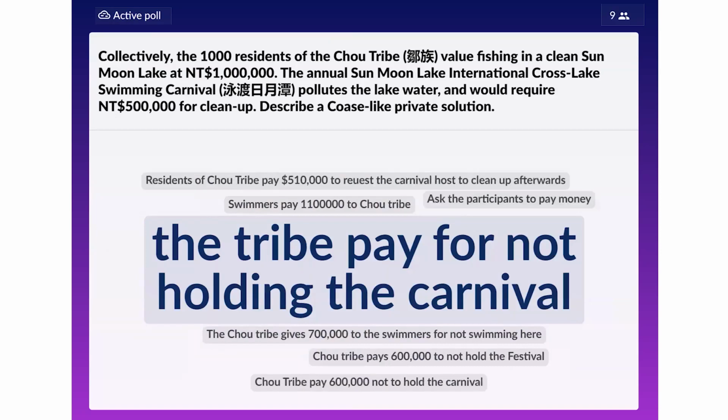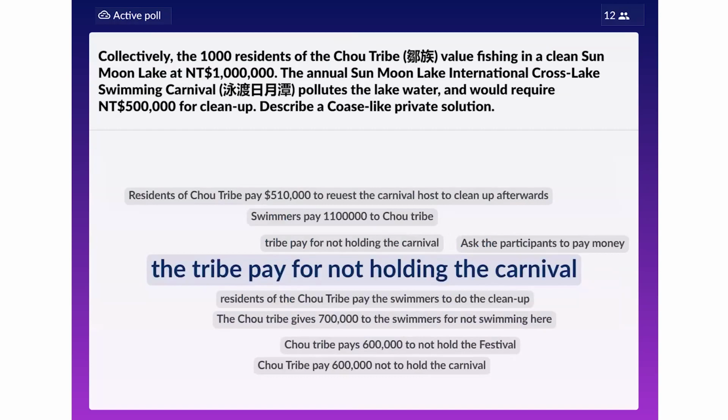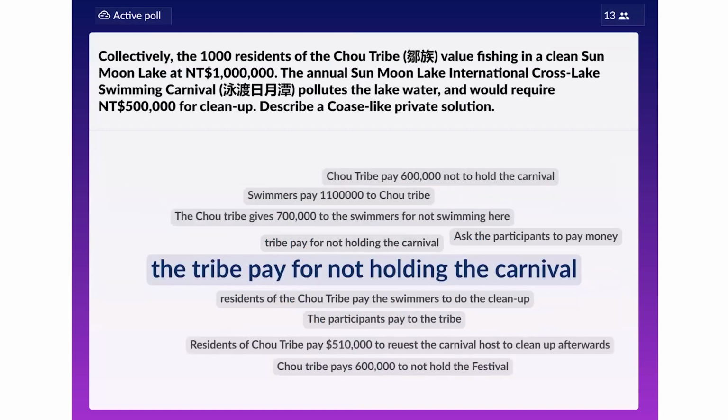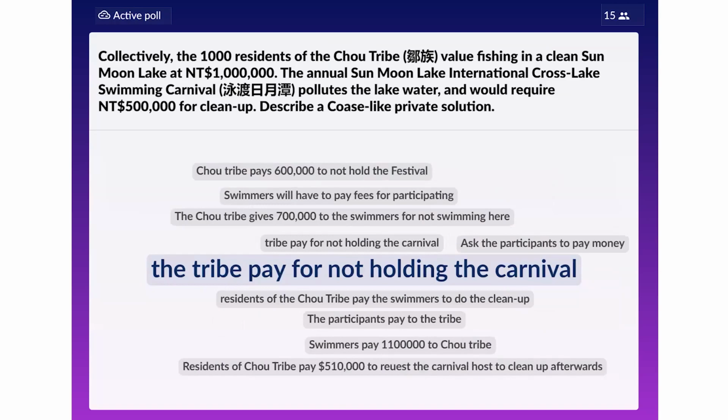All right, so notice that in reality, the first question we have to ask is, who has the property rights? Does the Zhou tribe have them, claiming that this is the traditional area of these aboriginals, so they have the property right for Sun Moon Lake, or does, say, the local government that's holding this festival have the right to hold this event?